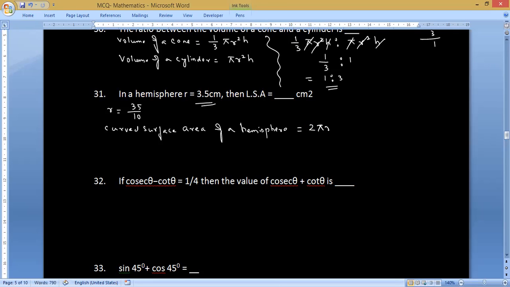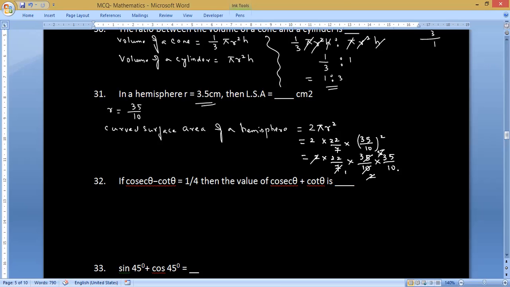2 pi r square. So 2 into 22 by 7 into r, r is 35 by 10 whole square. Then 2 into 22 by 7 into 35 by 10 into 35 by 10. I'll cancel with 7: 7 ones are 7, 5 sevens are 35. Then 5 ones are 5, 2 fives are 10.